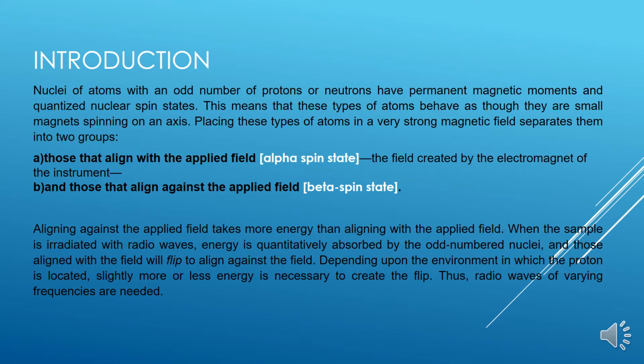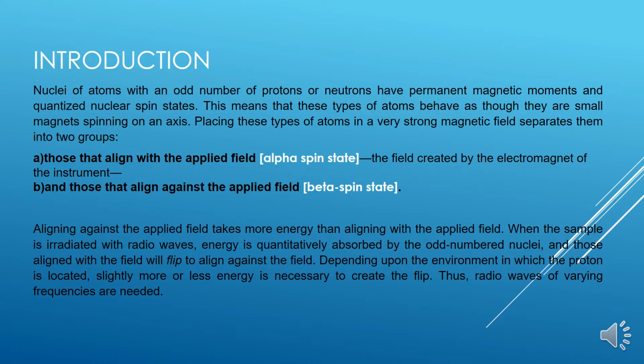Introduction. The nuclei of atoms with an odd number of protons or neutrons have permanent magnetic moments and quantized nuclear spin states. This means these atoms behave as though they are a small magnet spinning on an axis.